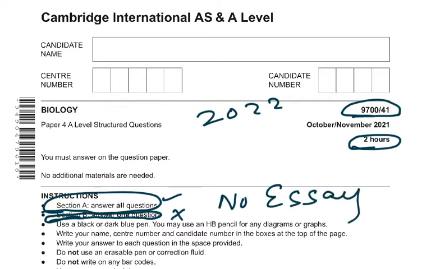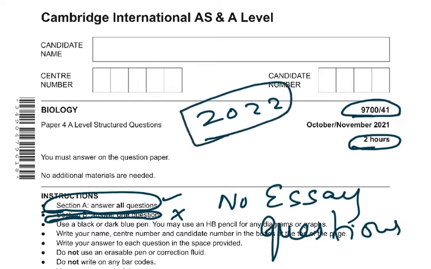This is the first year that you're going to have a question paper with no essay questions, which had a choice because you have to do one question out of two. So that is no longer available for the 2022 exam. Please, everybody remember that. The time is the same, but section B has been removed.